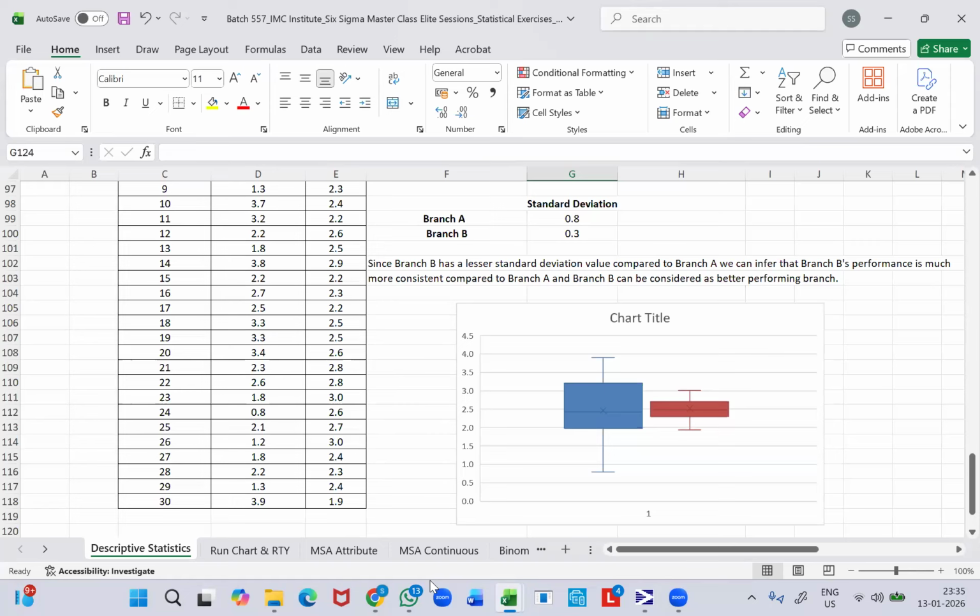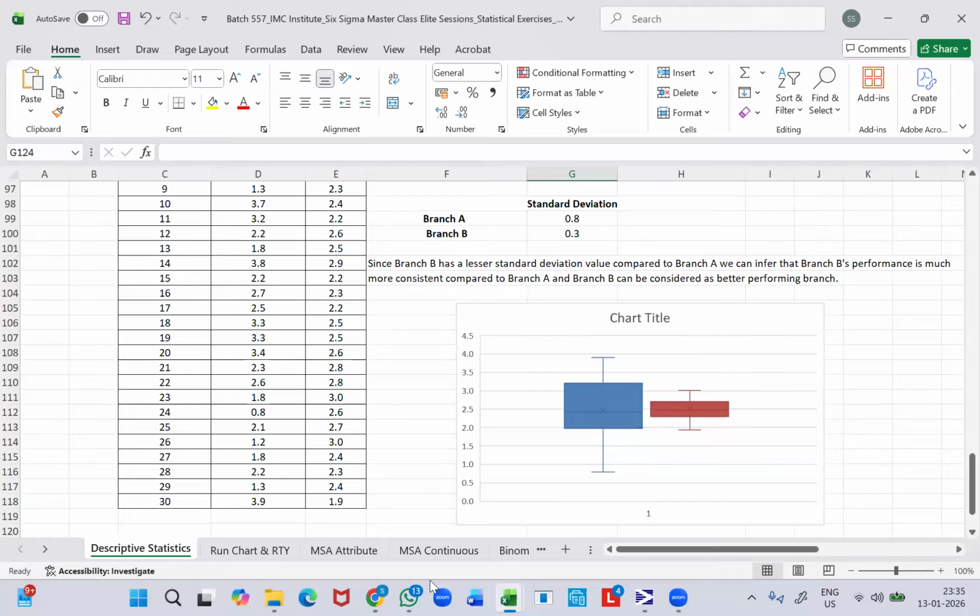That decimal RTY value can be expressed in terms of percentage as well.